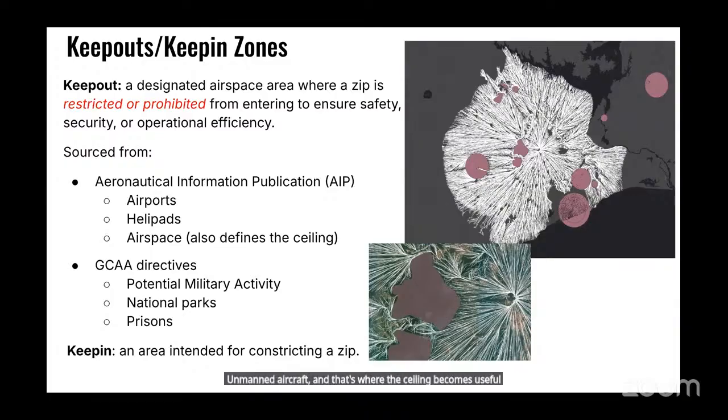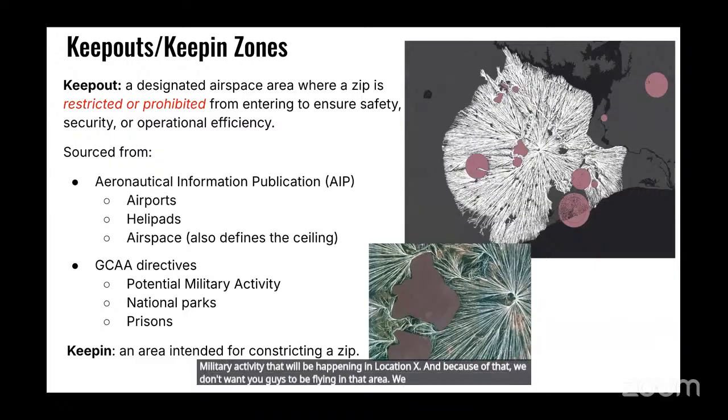The ceiling is how we are able to tell our zips that you are not supposed to fly above 400. And like I mentioned earlier, we work with GCAA, and they tell us areas where we are not supposed to fly. Some example areas are potential military activities. Sometimes they would say, we have a military activity that will be happening in location X, and because of that, we don't want you flying in that area.